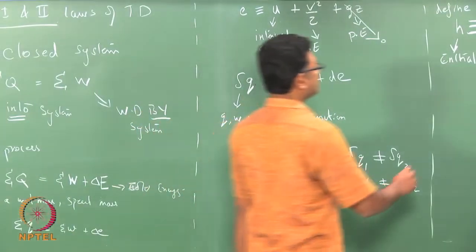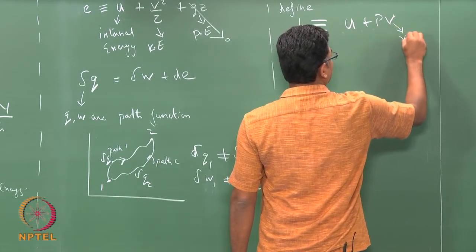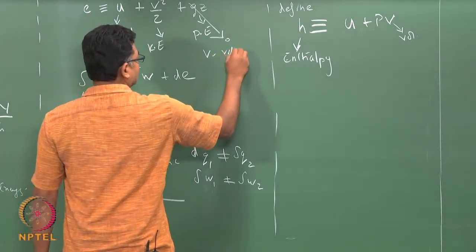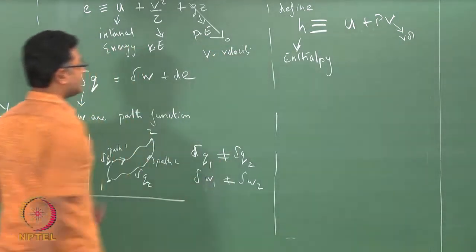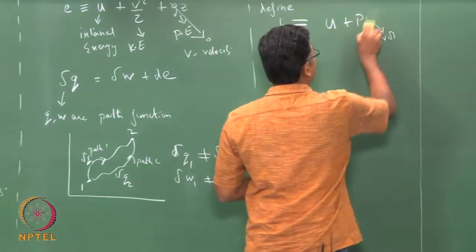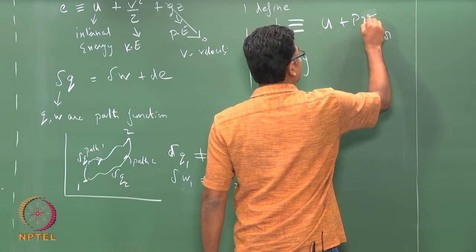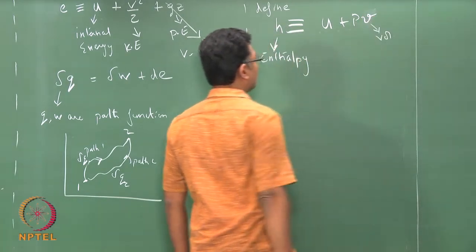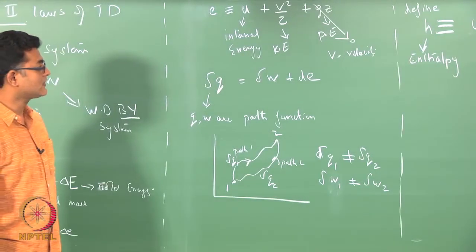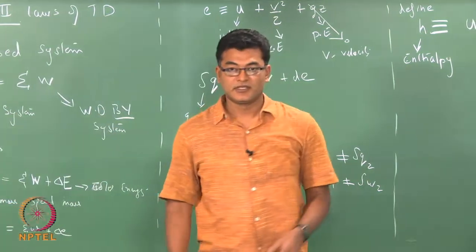Here V is volume, but this V is velocity. So, to avoid confusion, I would write this as small v, which is volume of unit mass, and capital V is velocity.